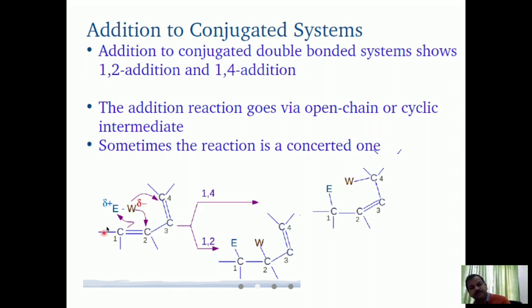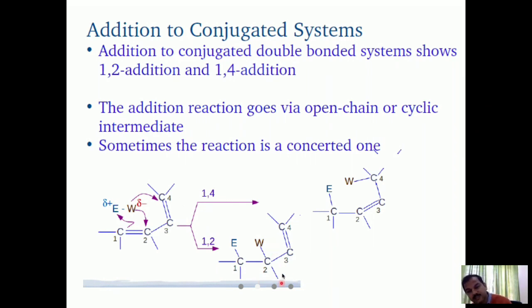If the electrophile makes a bond here, this bond moves here, and the plus charge is already here. If the nucleophile binds here, this bond will move here. If the nucleophile bonds here, then this will be an isolated double bond, and it will not take part in the reaction. But if it attacks on this, then this bond will move here, which means it is not isolated and will take part in the reaction.